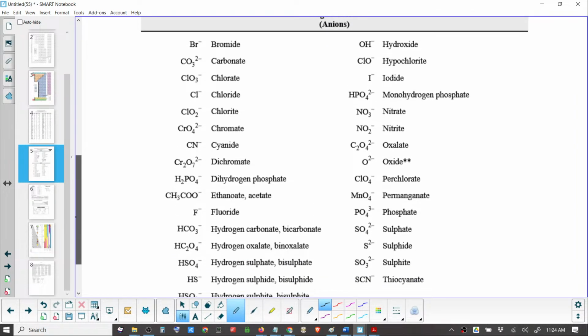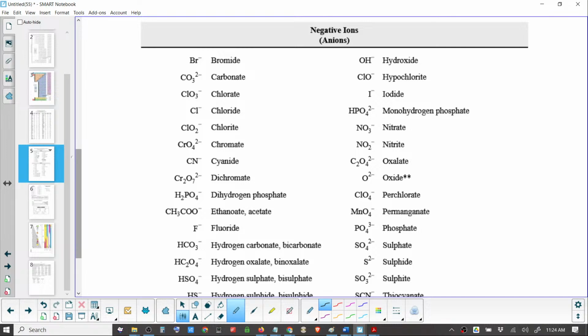For the negative ones, what is the relationship between the -ate and the -ite? Yeah. So, for example, if we look at chlorate and chlorite, you can see that they're almost identical, with the only difference being the number of oxygen atoms.